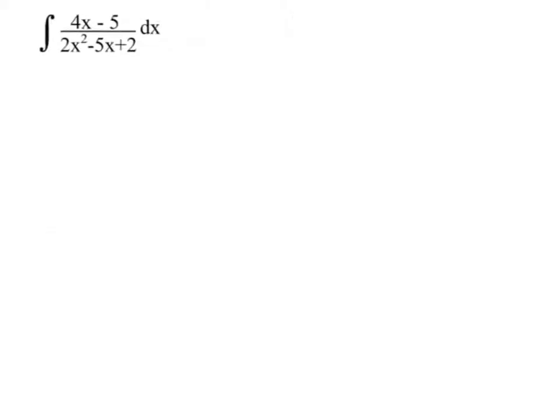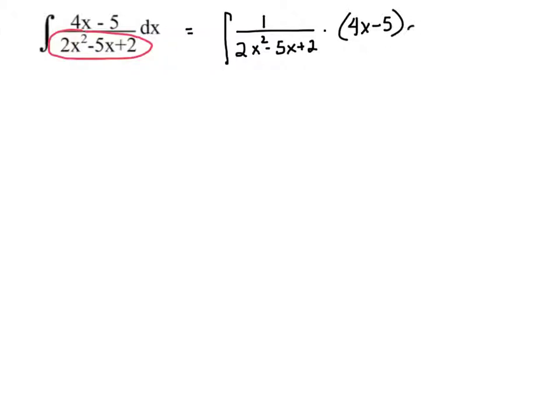For this one, hopefully you remember that u, we really should pick to be the denominator. Okay, this should be u right here. Again, if it helps you to rewrite it, you could start by saying, well, I like to put the u stuff first and multiply that by 4x minus 5.